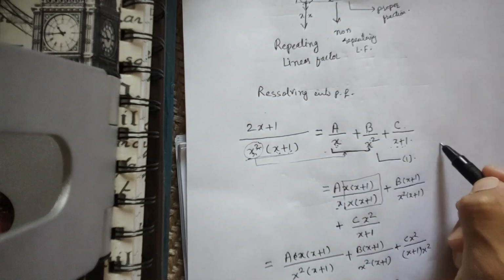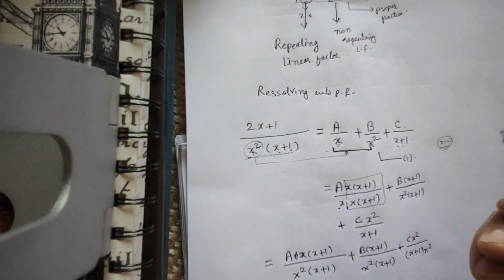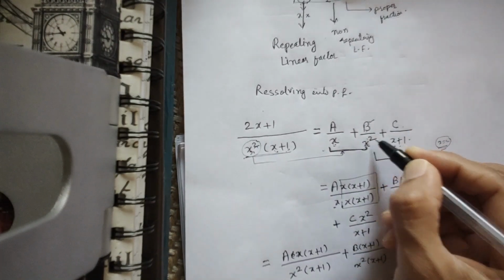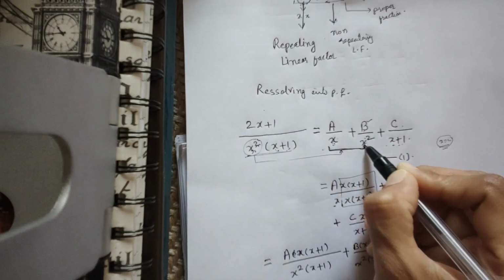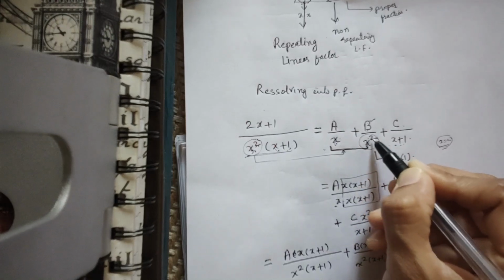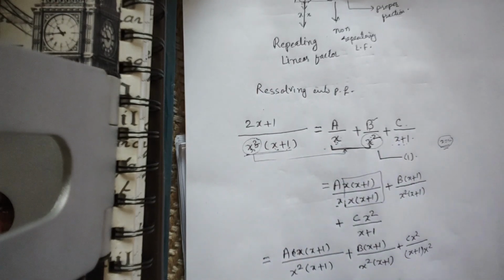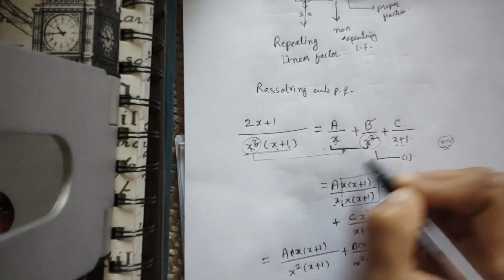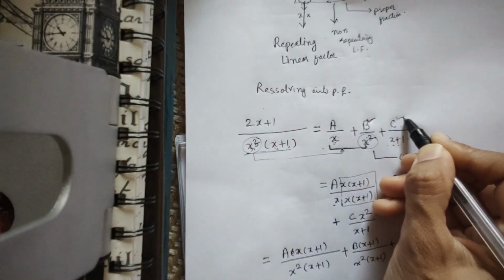If you solve this, you will get x equal to 0. So whenever you put x equal to 0, you are always going to get the value of the constant whose power is more. So here we have two cases, x and x square. So you are always going to get the value of the x square term first. If you have x cube here and one more term, then you will find that term whose denominator is x cube. So here when I start finding, I'll always get B first, then I'll get C. So first of all I'll find B.